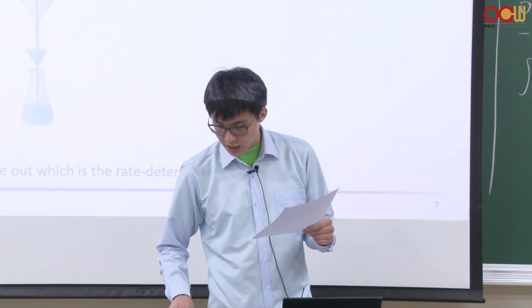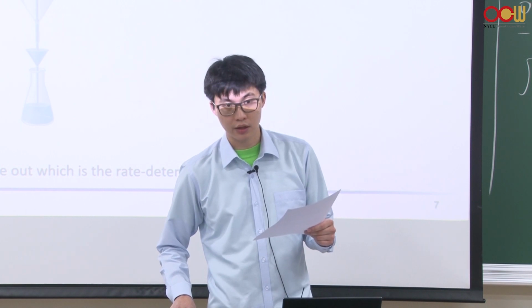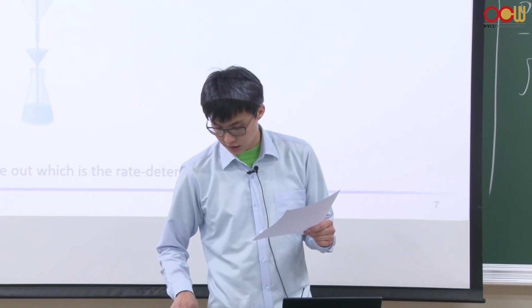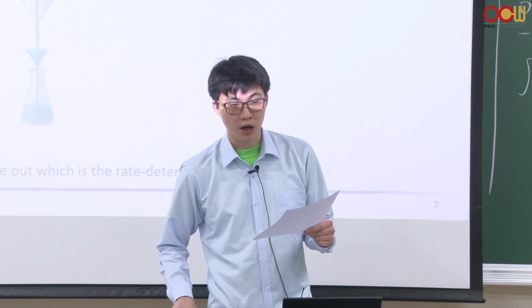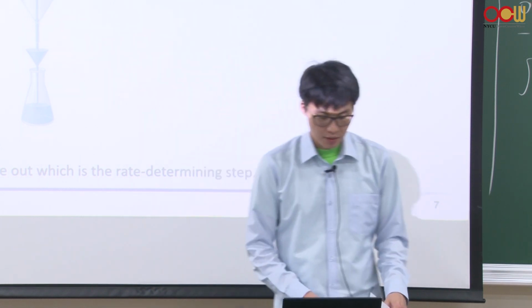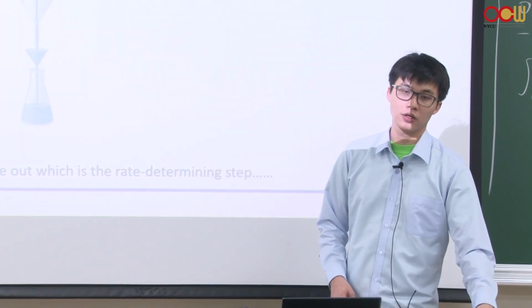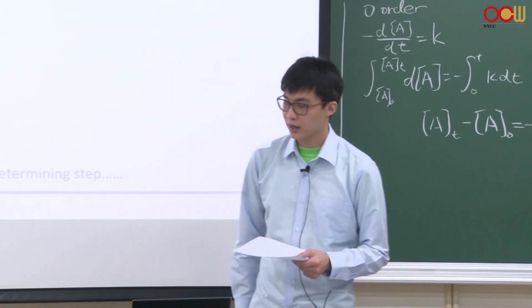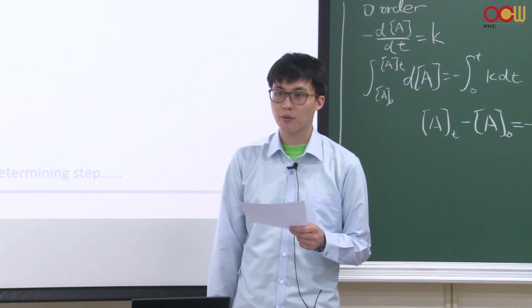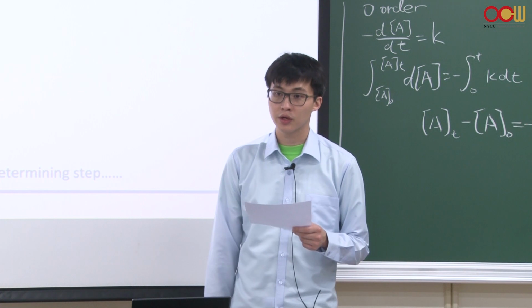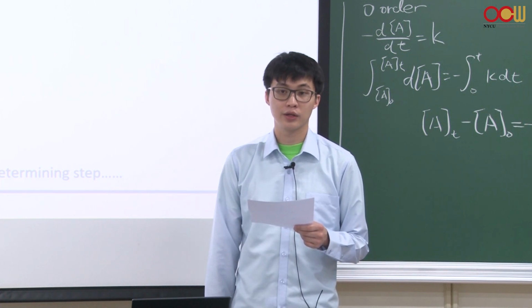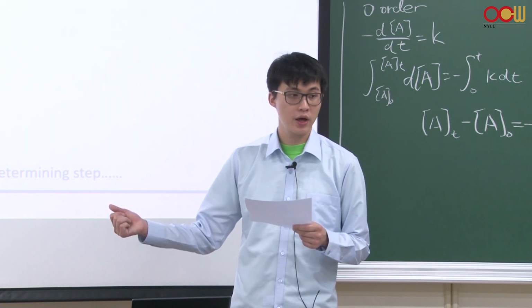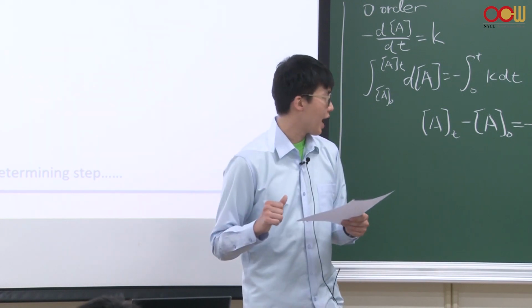Then for each of these steps, if you have the rate constant, you can write a rate law for each of these equations. But like I said, sometimes it's very hard to figure out which is the rate limiting step. So sometimes we need to make assumptions, especially when there's a reaction that has both forward and backward reactions.